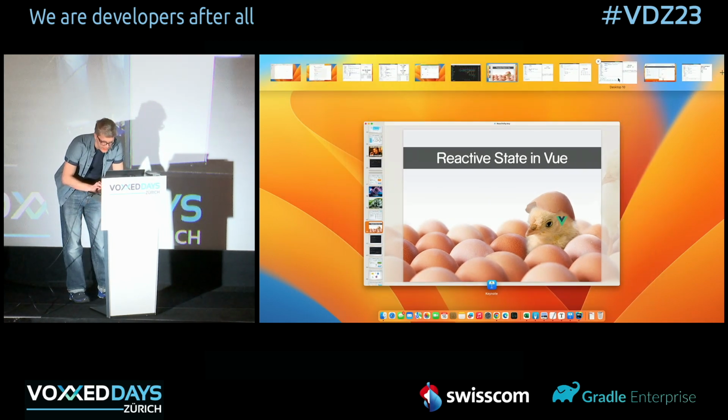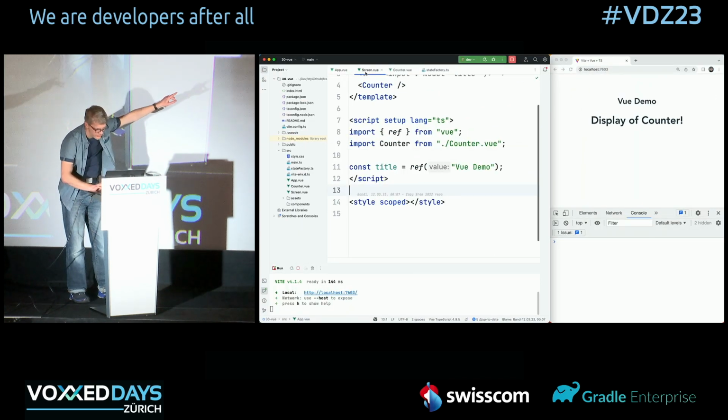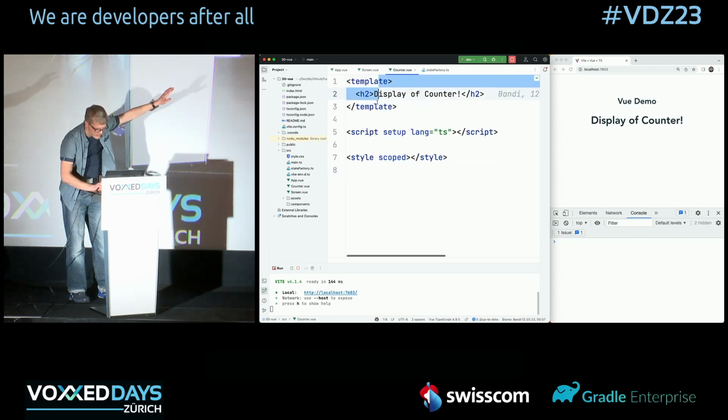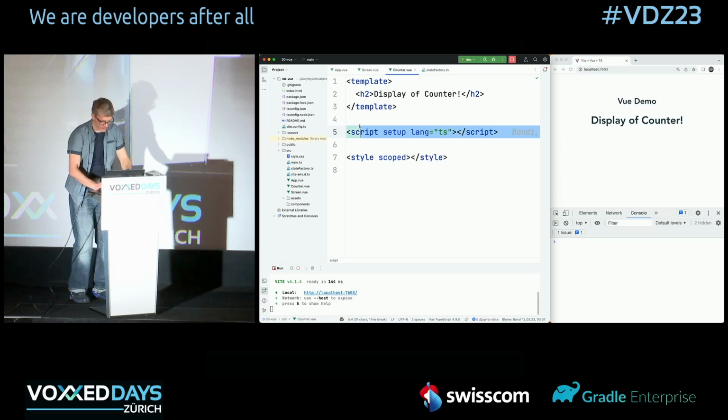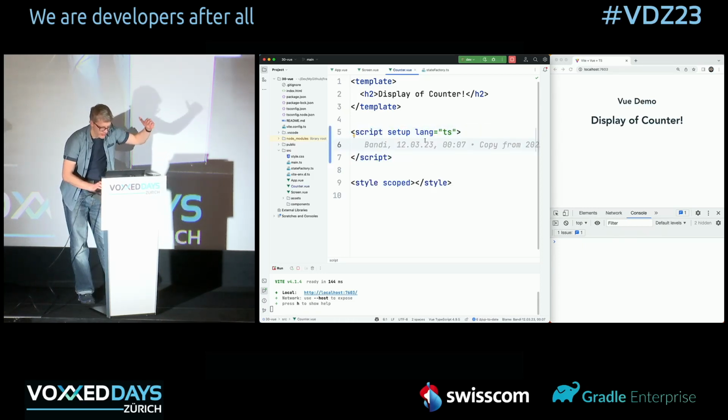Same example again. This is an app component, a screen component, a count component in Vue. In Vue we have these templates and scripts. And in the script I can define on top level the scope, and the top level scope of this script is exposed to the template.